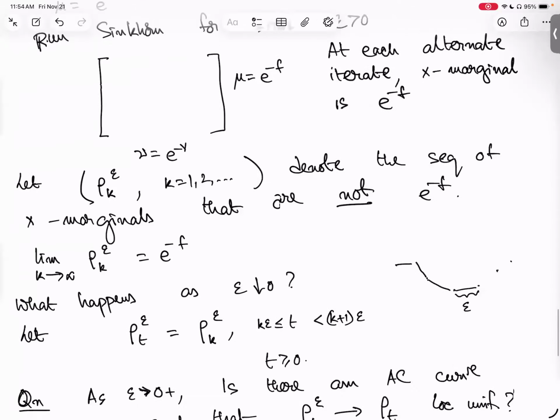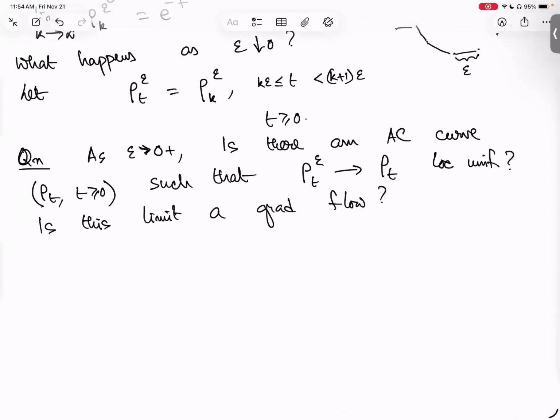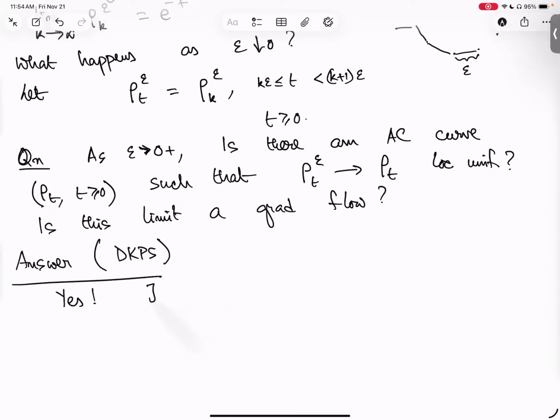And so the answer in our paper, as we discover, is yes. This is actually a gradient flow, a gradient flow of Kullback-Leibler. The answer, and this is in our paper, is yes, there exists a limiting rho t, this curve.